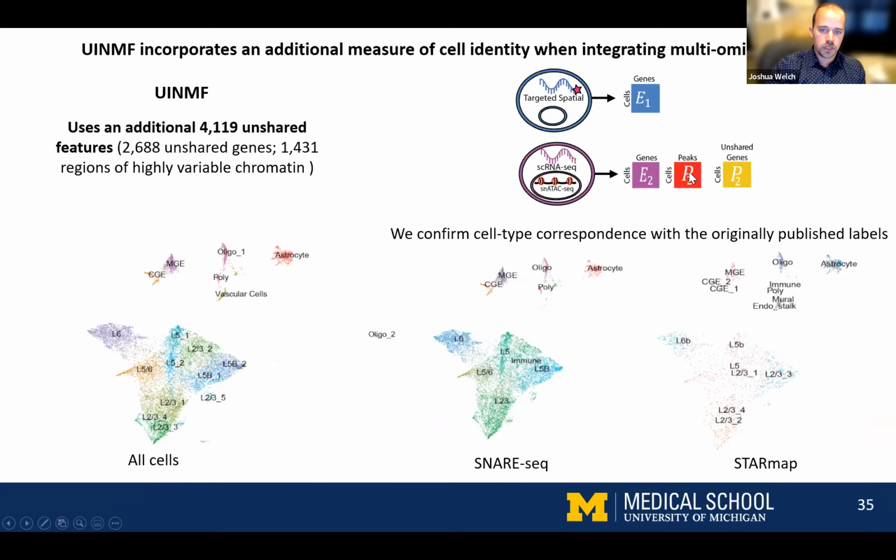We have intergenic peaks that are not present in the gene expression data, and we have unshared genes that are measured in the RNA-seq, but not in the targeted spatial transcriptomic. So we added these two matrices, the peaks and the unshared genes, to the UINMF integration. And this gave us a total of 4,000 unshared features, which included 2,600 unshared genes and 1,400 regions of intergenic highly variable chromatin.